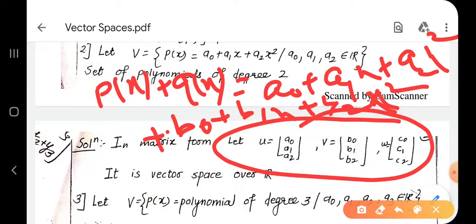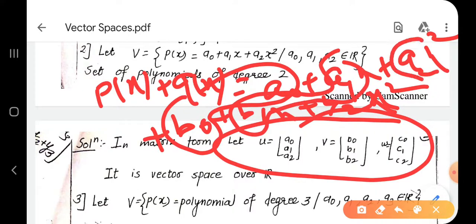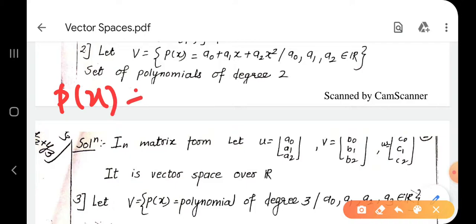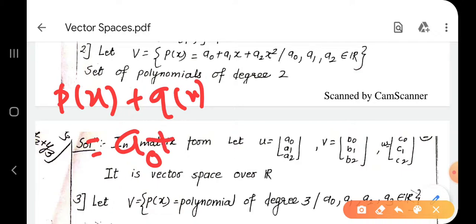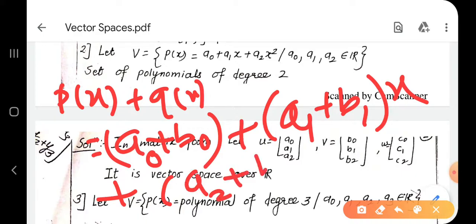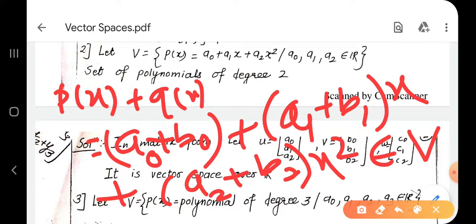Then p of x plus q of x is equal to a0 plus b0, plus a1 plus b1 into x, plus a2 plus b2 into x square, and it belongs to V. So the first condition is satisfied: the addition belongs to V.